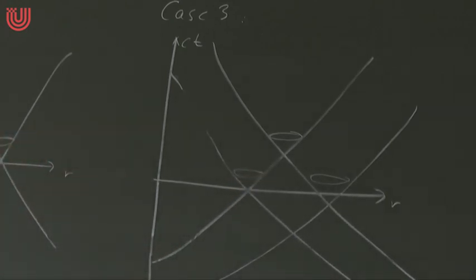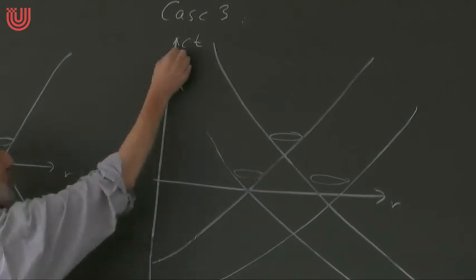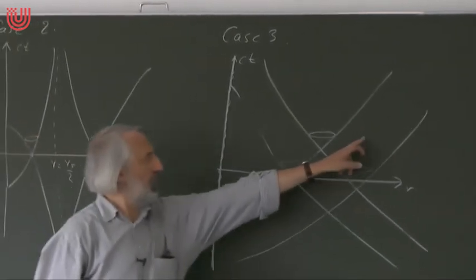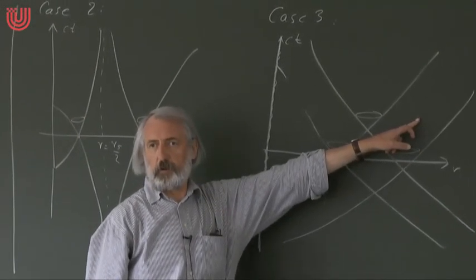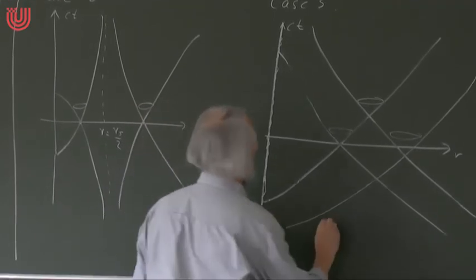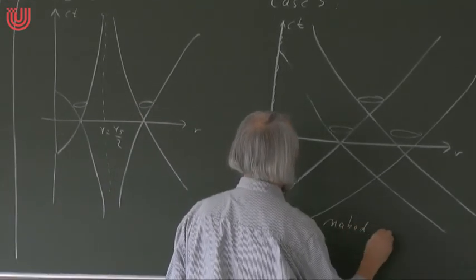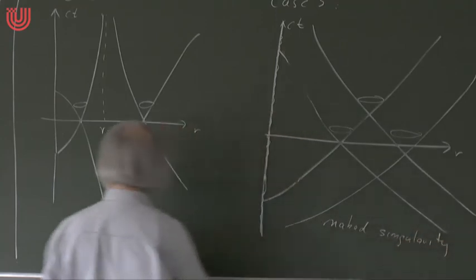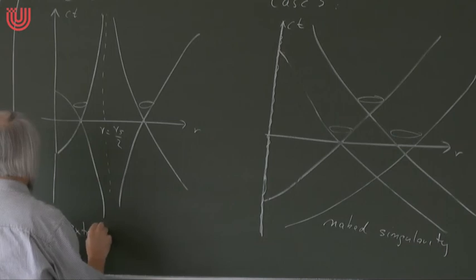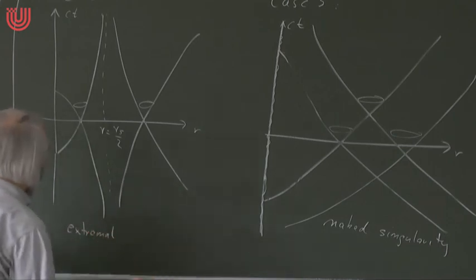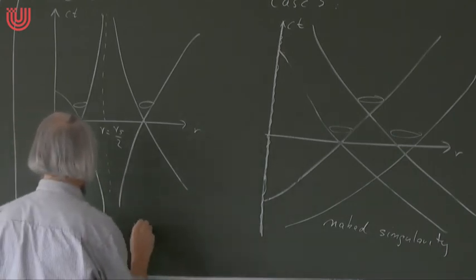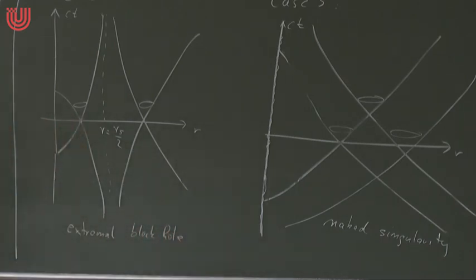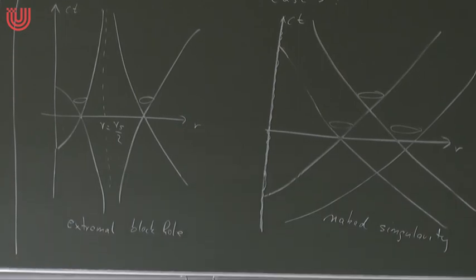No horizon, but still the singularity at r equals 0. We always have the singularity at r equals 0. This means if I'm an observer here, I can see the singularity. And that's why it's called a naked singularity. And this is an extremal black hole: a black hole where I have 2 horizons, but the 2 horizons come together. So these are the 2 other cases.